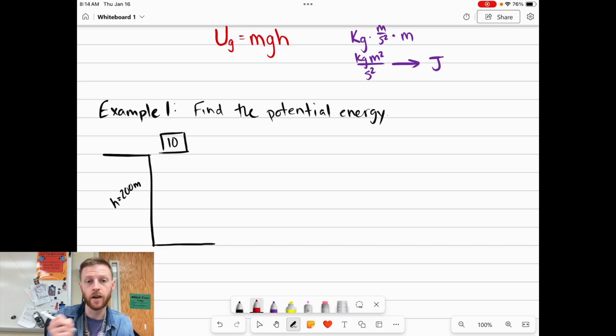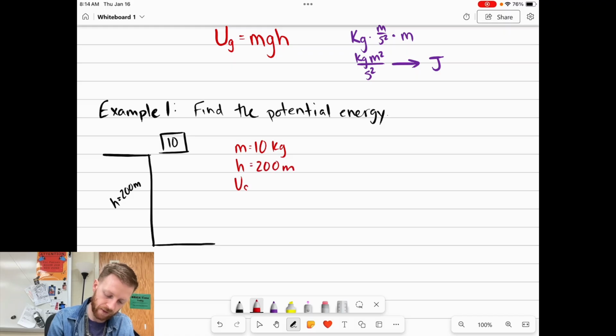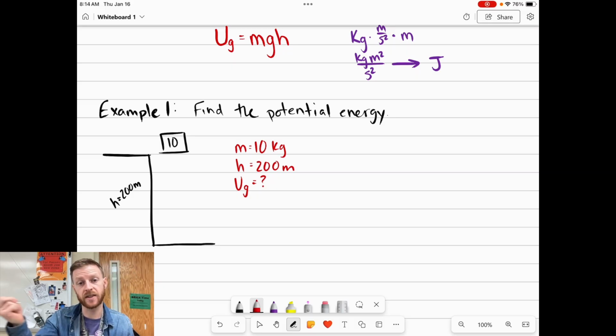Let's make sure we do our GUESS method here. So I know I have a mass of 10 kilograms. I have a height equal to 200 meters, and I'm looking for gravitational potential energy. There are my givens and my unknown. Now we'd pull out our equation. Let's go to our solve step here.